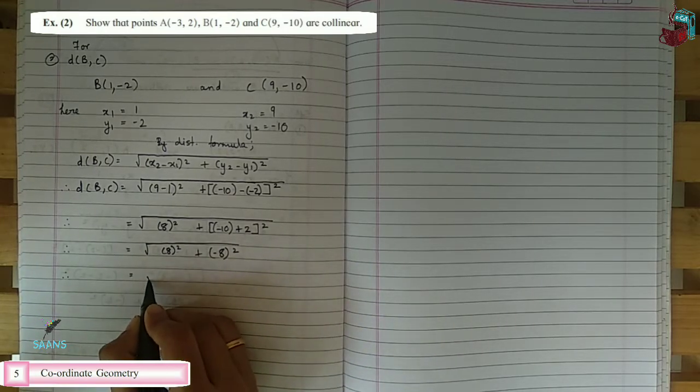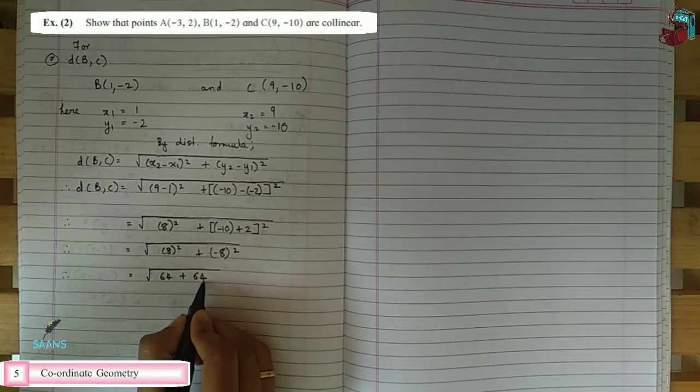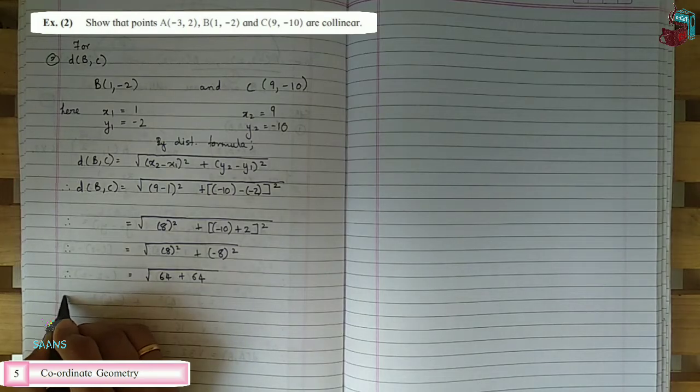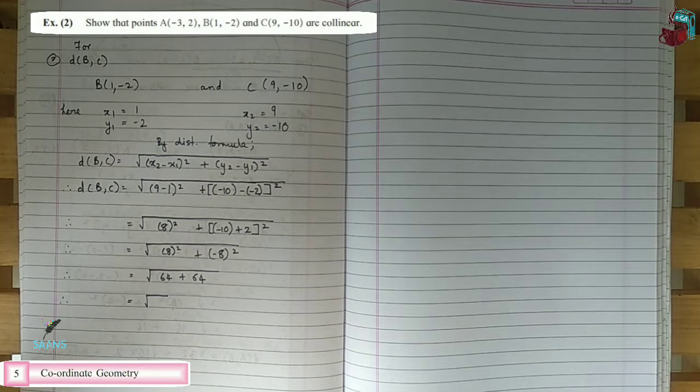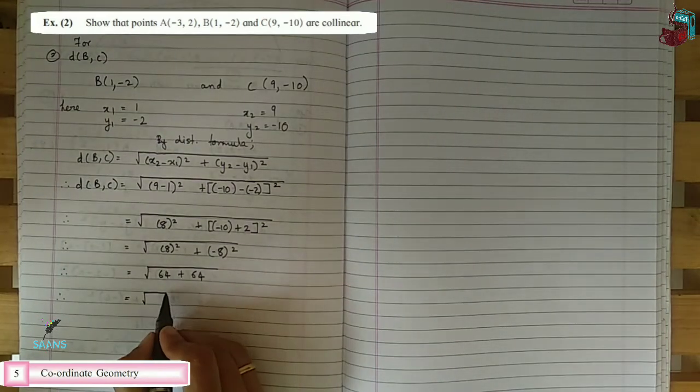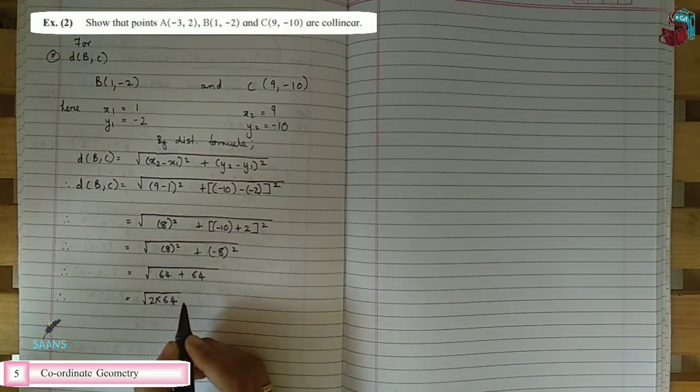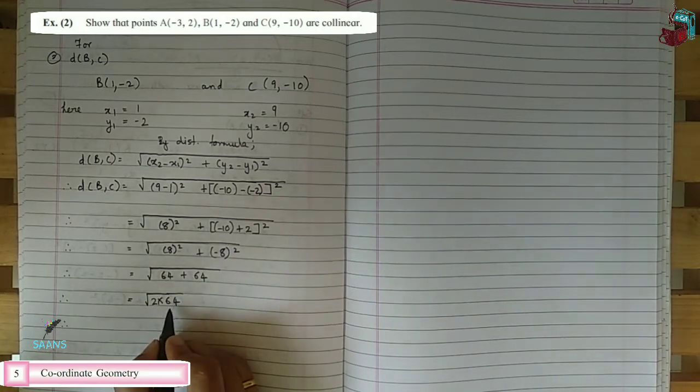Therefore, that is equal to 64 plus 64. How much is 64 plus 64? Now it is nothing but 2 into 64 because we've added it twice. Under root of 64 is 8.